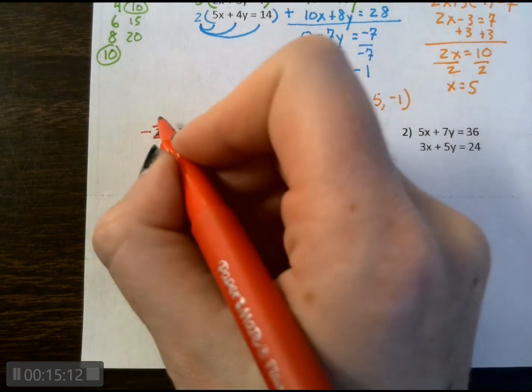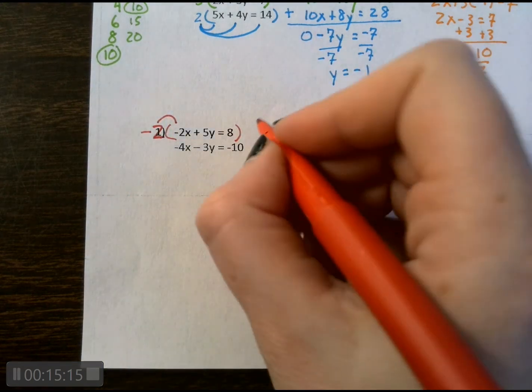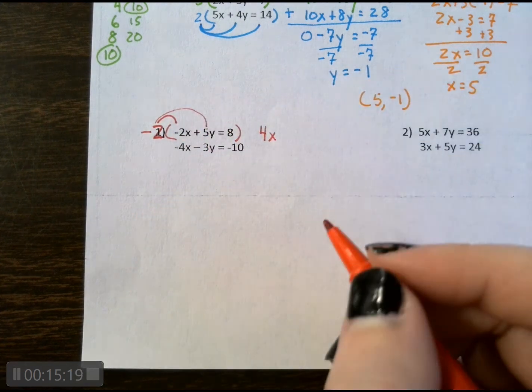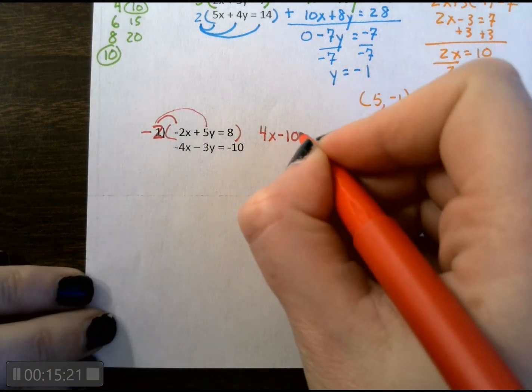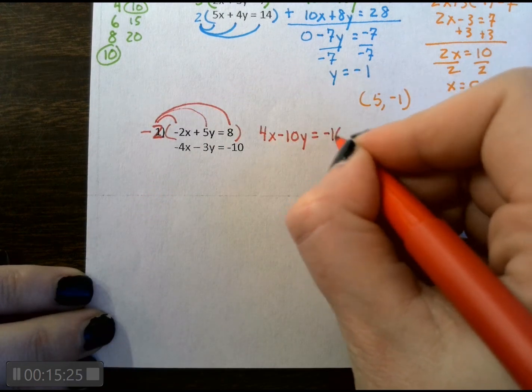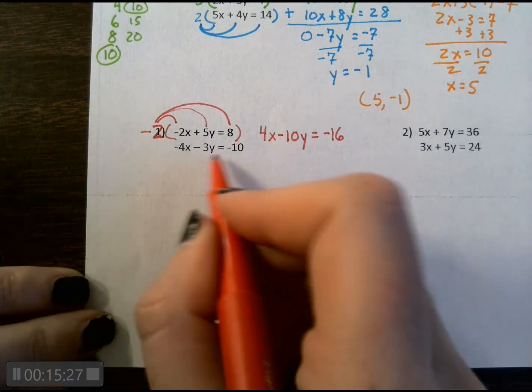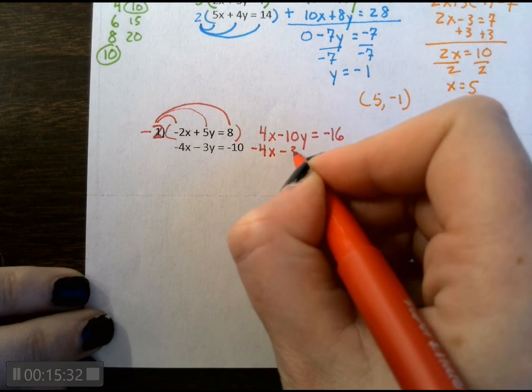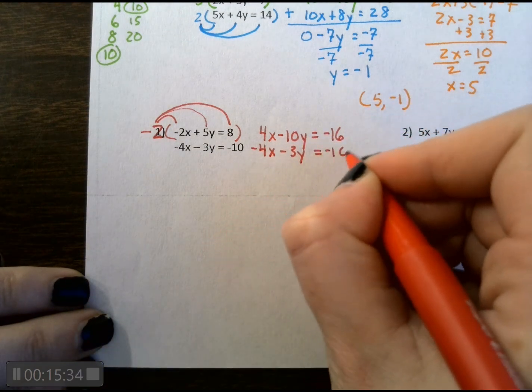Okay? Alright, so -2 times -2x is going to give me a positive 4x. -2 times 5y gives me -10y. -2 times 8 gives me -16. And then we just copy this one down exactly as we see it for -4x minus 3y equals -10.